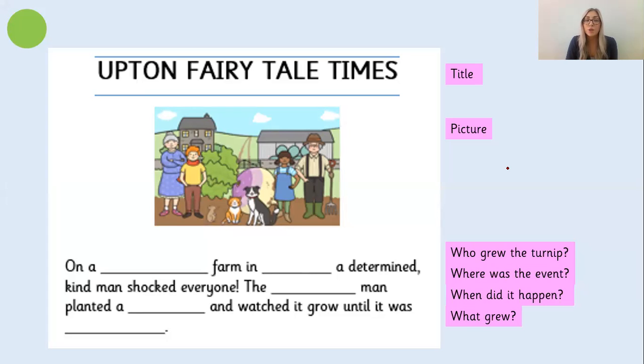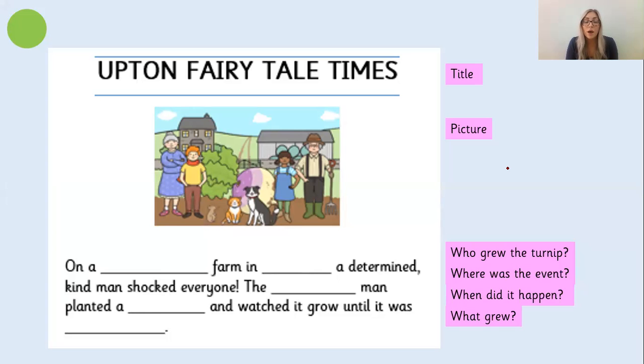Okay, so before all of that, you need to think about your title, don't you? Now this is the exciting part because you can have a go at creating your own title. It can be anything you want. So mine is Upton Fairy Tale Times. You might want to come up with anything you want.